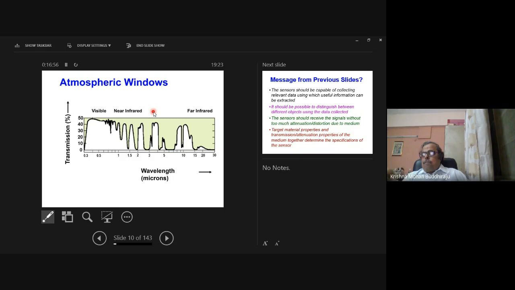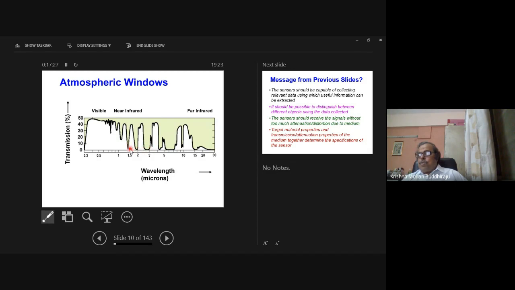So you can see that in selected wavelengths, you have a high amount of transmission through the atmosphere. So the attenuation is less, and so the radiation can reach the sensors, which are operating much above the atmosphere. You have certain wavelength regions where there is absorption, very little transmission.